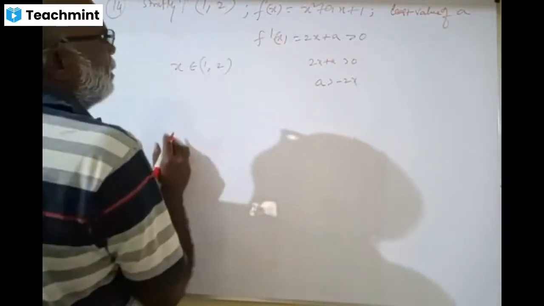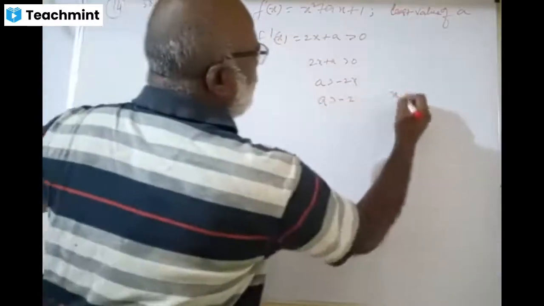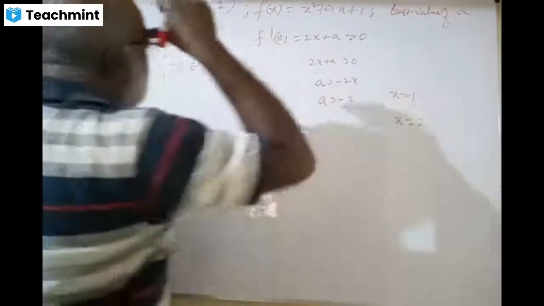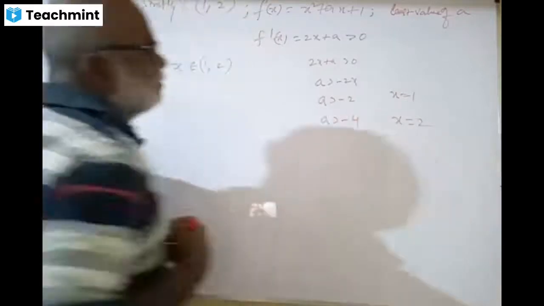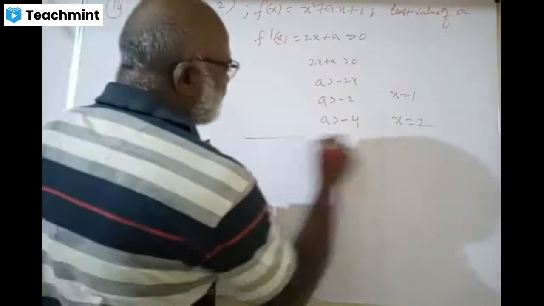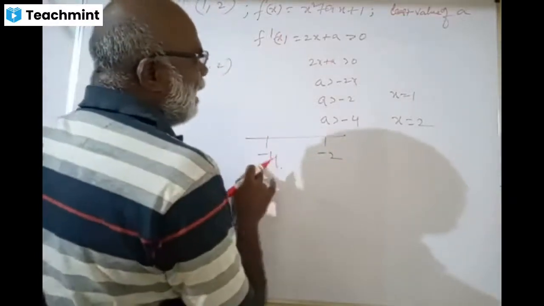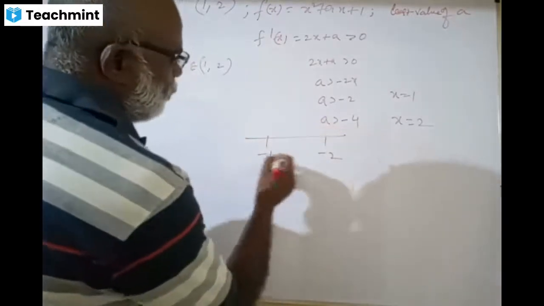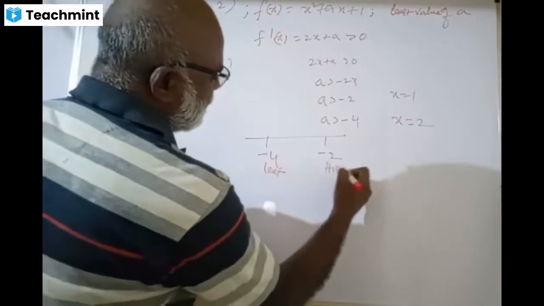So put x equals 1 and x equals 2, though they are not equal to 1 and 2, we are taking the extremes, okay? And a is more than minus 4. Therefore, minus 2 here and minus 4 here, the least value is going to be minus 4. This is the least and this is the highest.